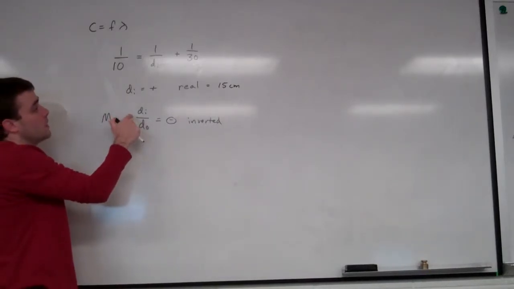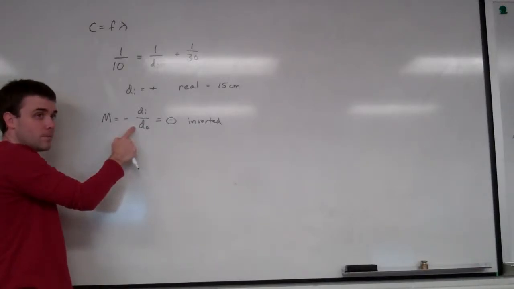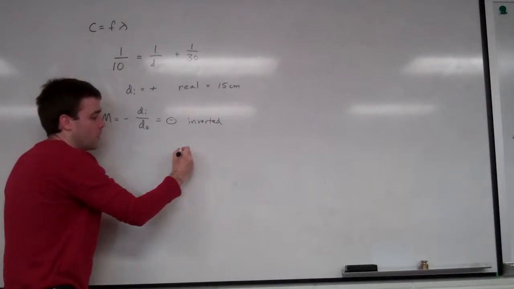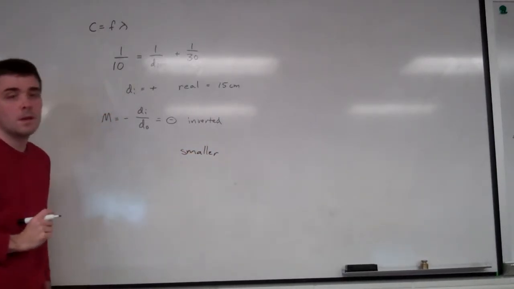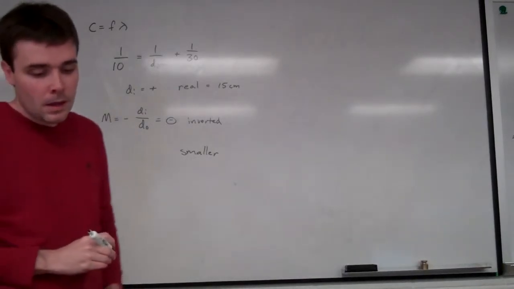So is 15 over 30 greater or less than 1? Less than 1, so what is it going to be? Smaller. Does that make sense? So you can use the equation to figure that out. So that was number 3.